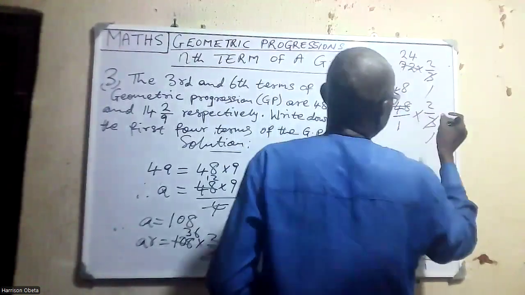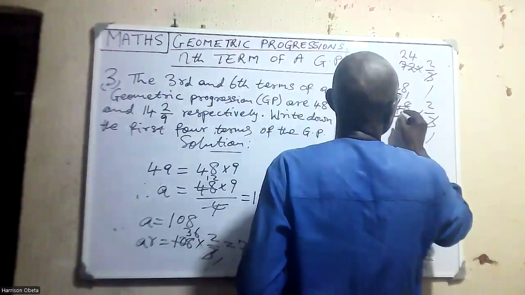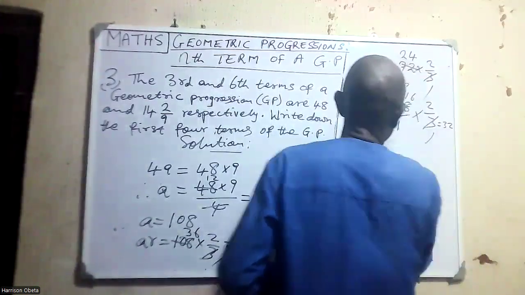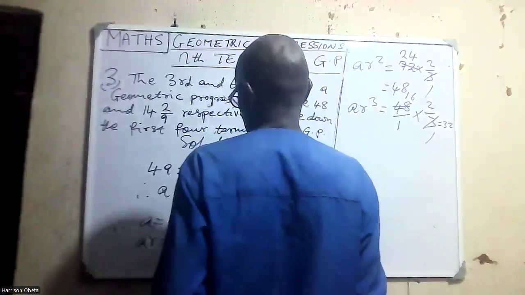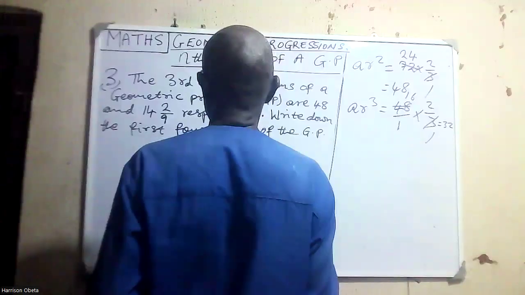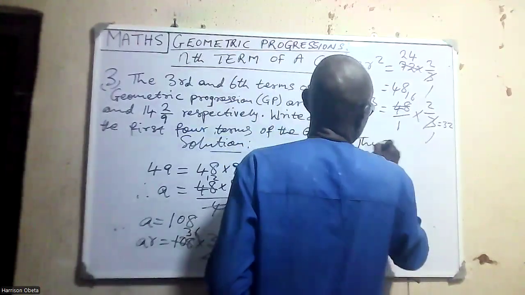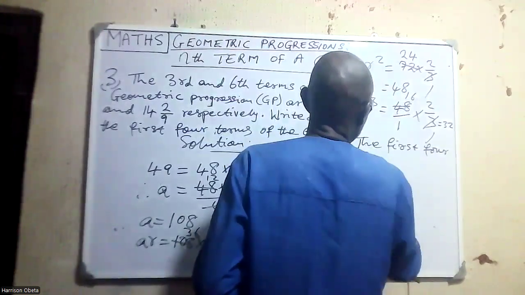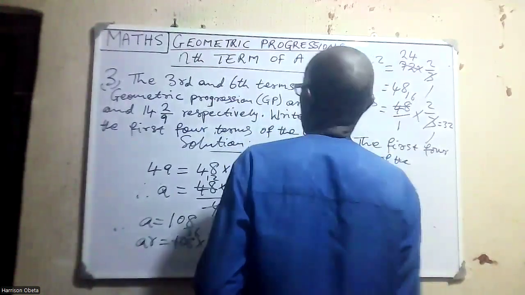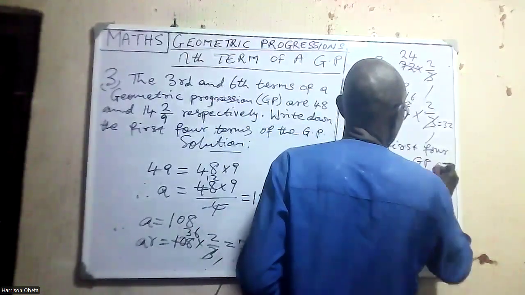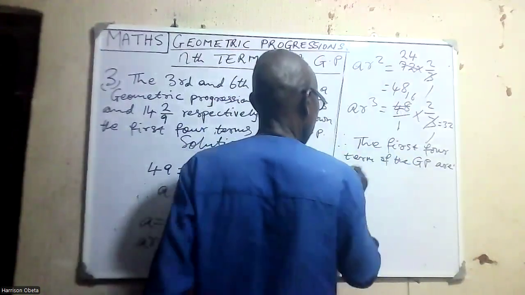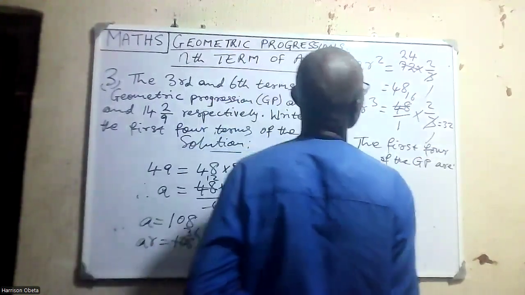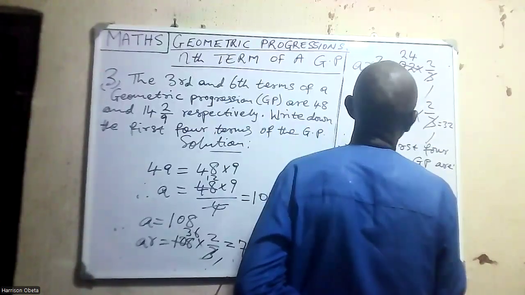Then AR raised to 3, which is the fourth value, should be 48 over 1 times 2 over 3. That will give us 16 times 2, which is 32. So to write down the first 4 terms, therefore, the first 4 terms of the GP are 108, 72, 48, and 32.